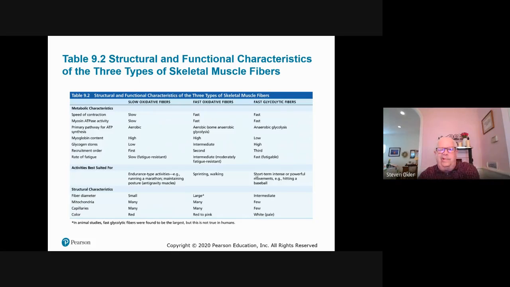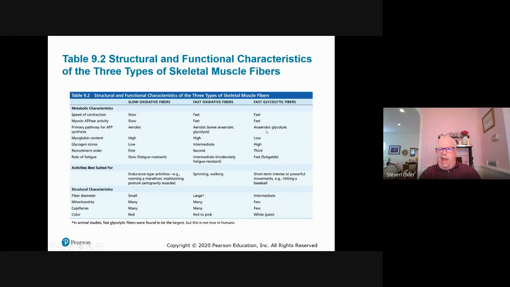And these are the differences. This chart shows you the differences between slow oxidative fibers, fast oxidative fibers, and fast glycolytic fibers. I want you to focus on the primary pathway for ATP synthesis and realize that the oxidative fibers, both slow and fast, use oxygen, where the fast glycolytic fibers don't need oxygen.